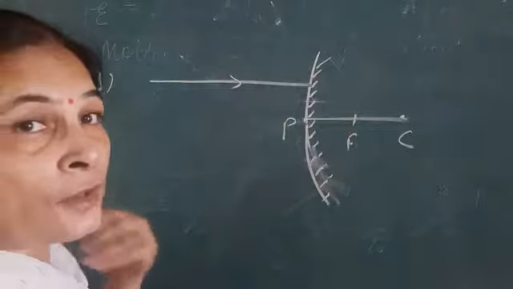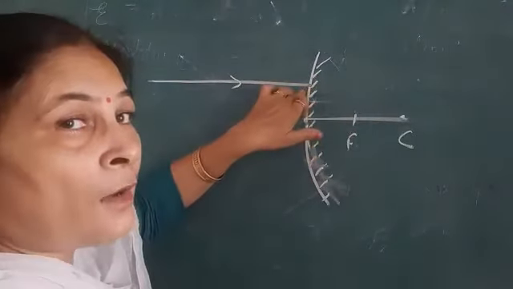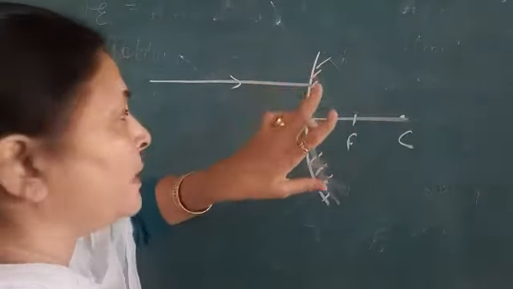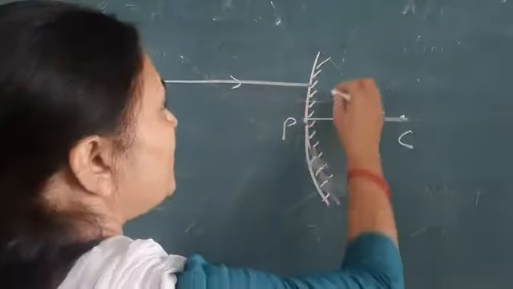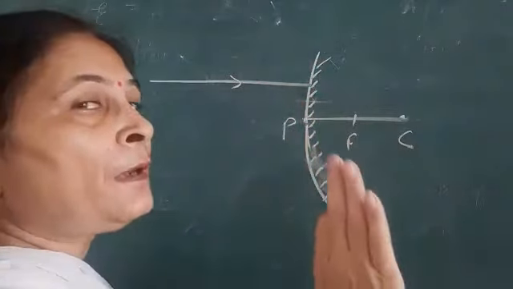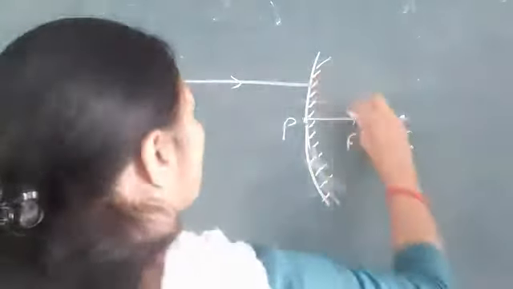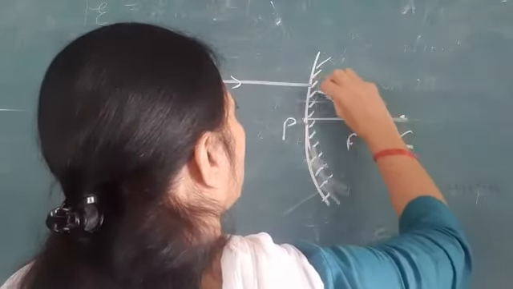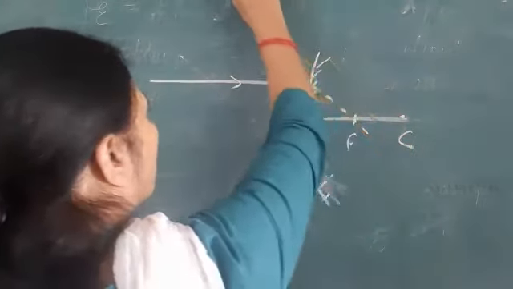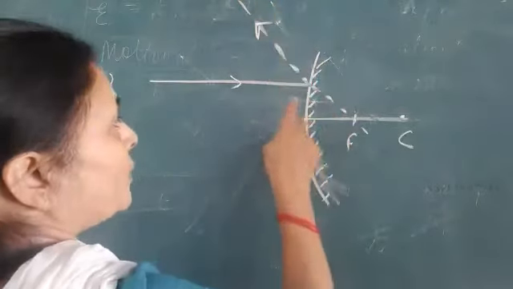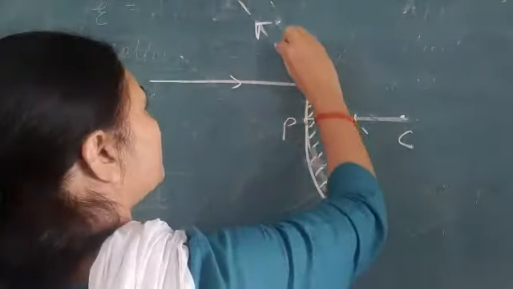After reflection, you can understand it in two ways. One is it has to appear to come from focus. So the ray of light will feel as if it is coming from focus. It is not actually coming, see.